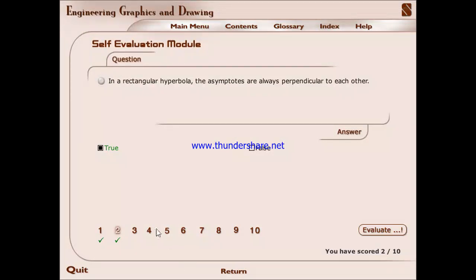Now next, third question. An involute is the locus of a point on an inextensible string unwinding from around a circle or polygon.